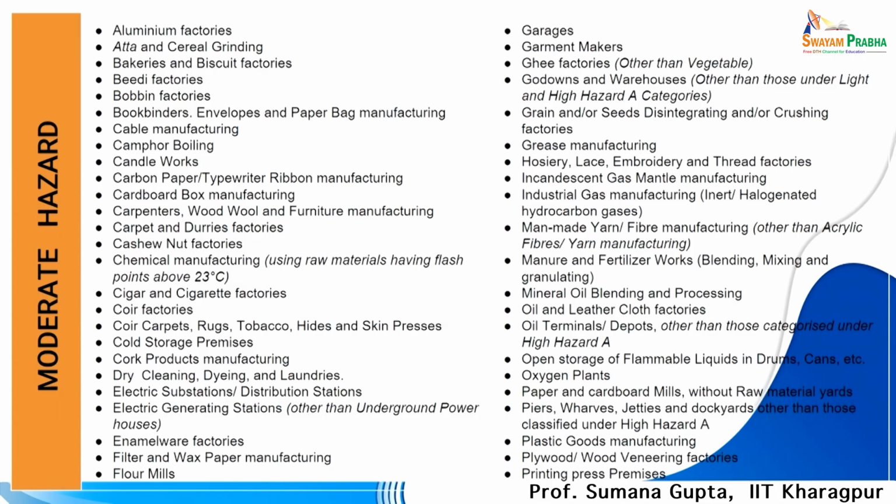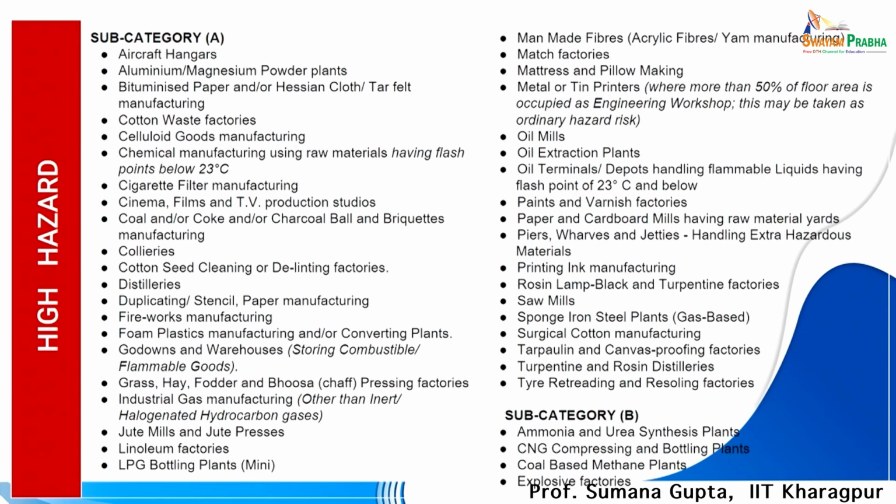hazard buildings. The third is the high hazard, which again has two subcategories, subcategory A and subcategory B, where you can see various aircraft hangars, which we already discussed to some extent, fireworks manufacturing, oil mills, sawmills, where immediately fire can move and create a huge loss.